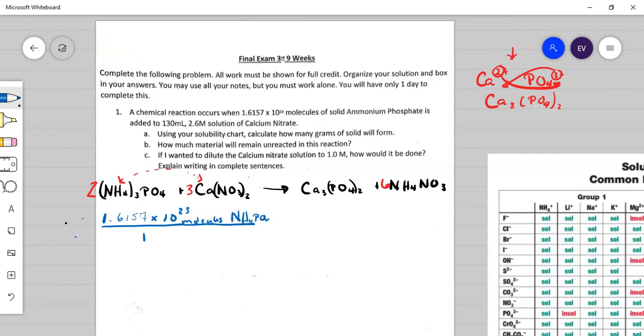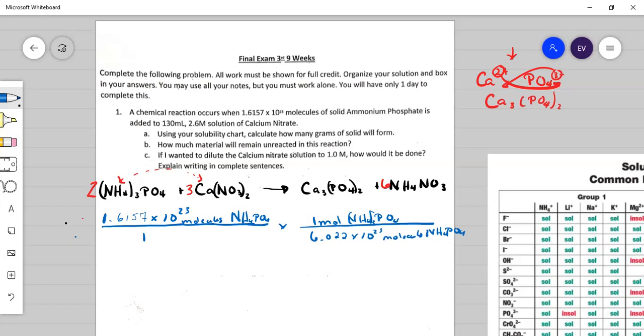So I know that 1 mole of ammonium, sorry, ammonium phosphate, is 6.022 times 10 to the 23rd molecules of ammonium phosphate. Remember that when you're converting, anytime you see molecules, you have to use Avogadro's number.